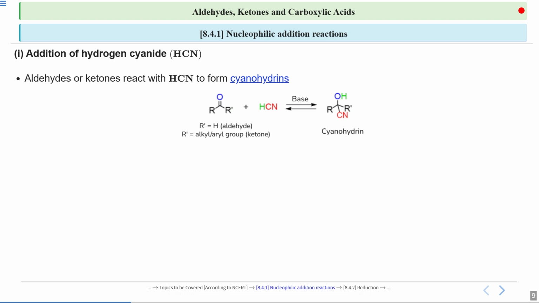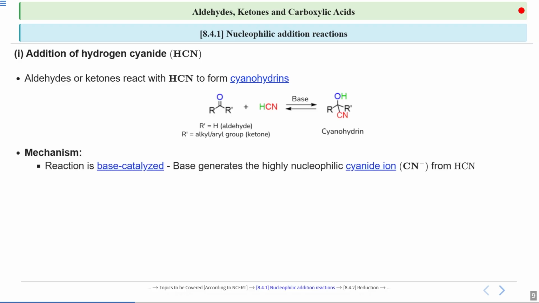When it reacts with hydrogen cyanide, HCN, in the presence of a base, it forms a cyanohydrin. That is, the CN gets attached to this carbon, and the hybridization changes from sp2 to sp3. So the nucleophile gets attached to this carbon. Now we will look at the mechanism of how this happens.